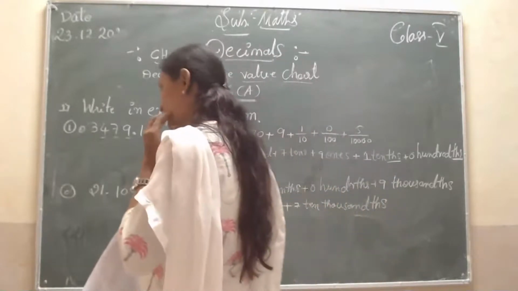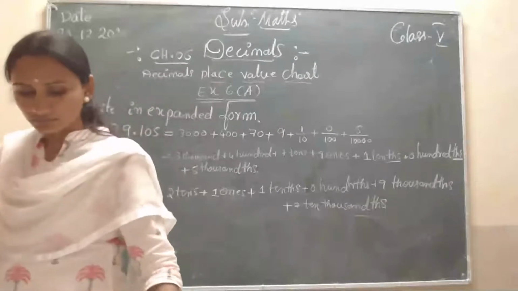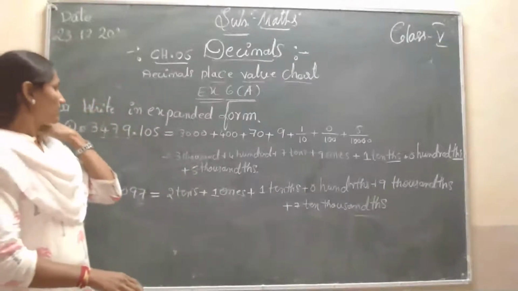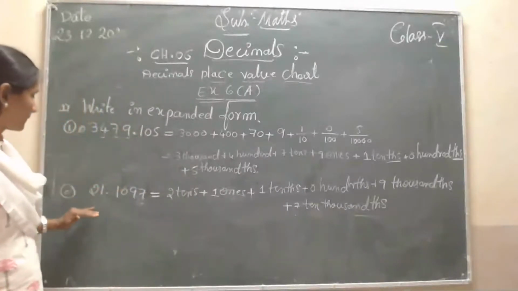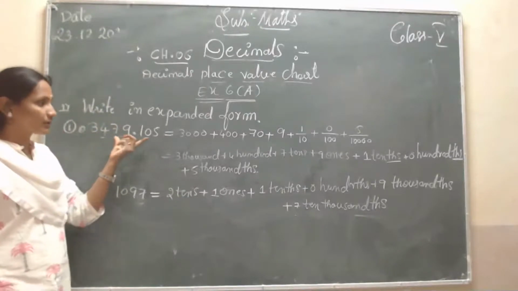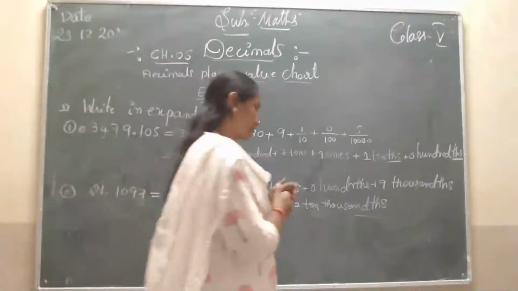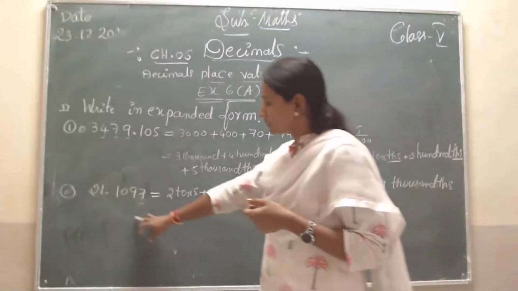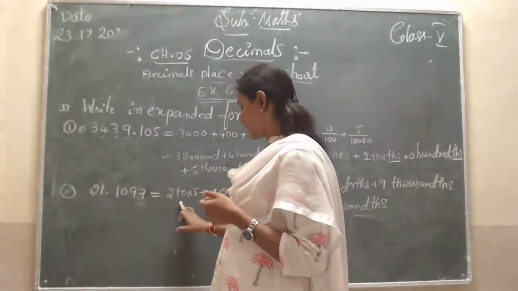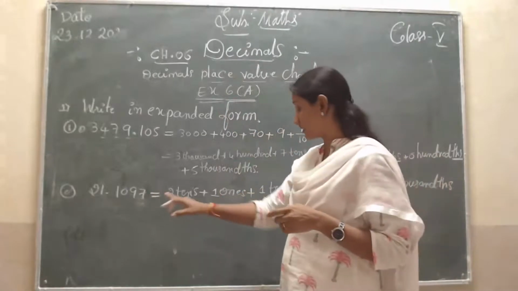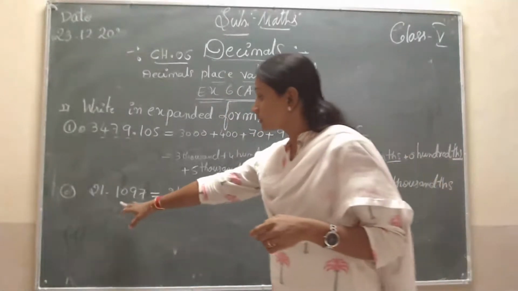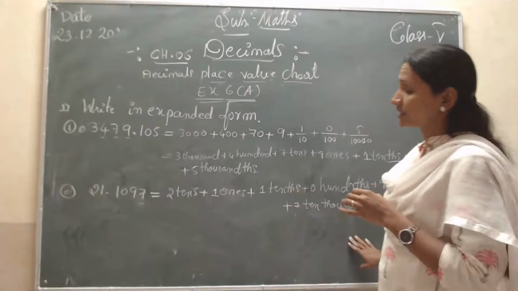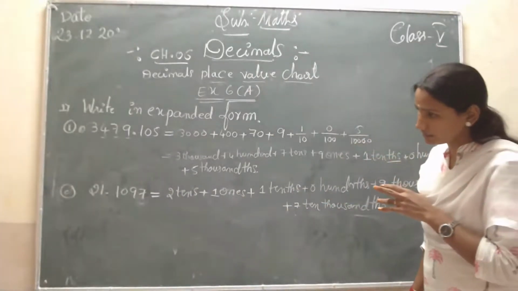So students, the first question I showed you in the complete traditional method. Next I will solve it directly. So this is ones, tens: 2 is tens, 1 is ones. After the point, the first number is 1.